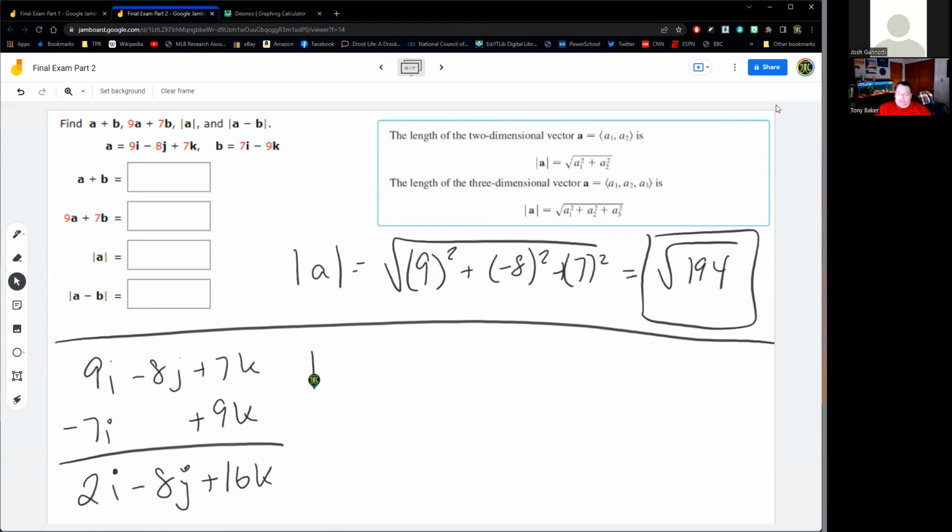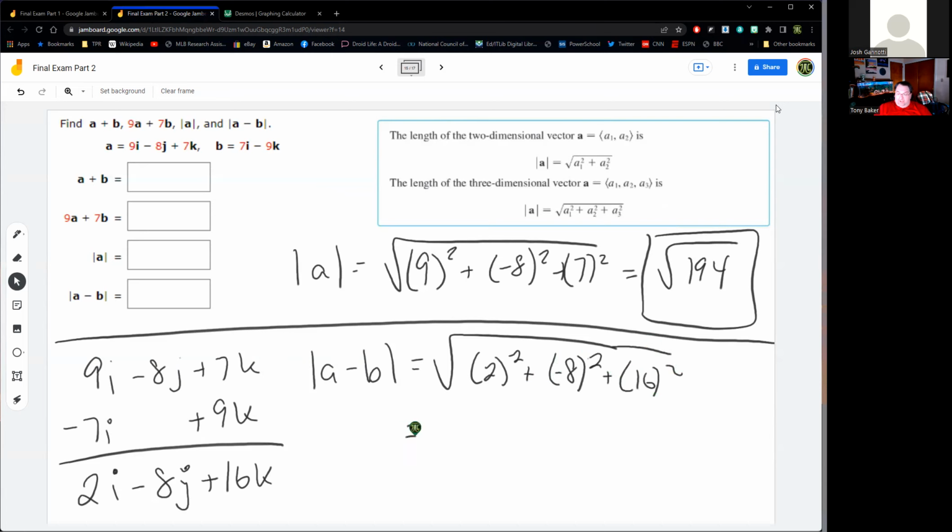And then do the length of it. So I got 2 squared plus 8 squared plus 16 squared, which gives me the square root of 324, which you actually can do that, is 18.